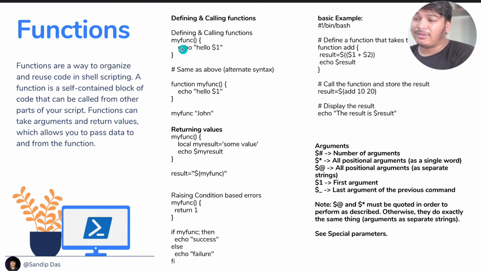So here you can see I'm writing a function myfunc, then I'm defining, say, echo, and here is very interesting stuff. If you are passing parameters, $1 means the first parameter, $2 means the second parameter, $3 means the third parameter. This is how we parse the parameters. Okay, and here is a very basic example I've given.